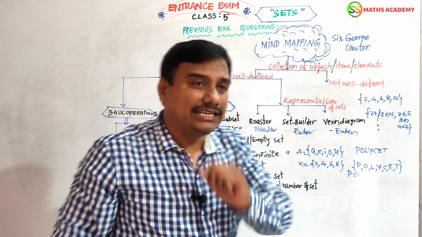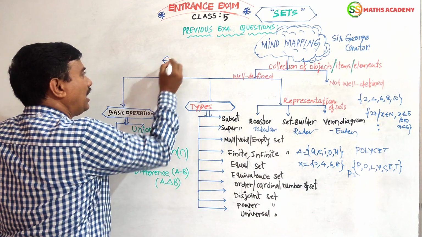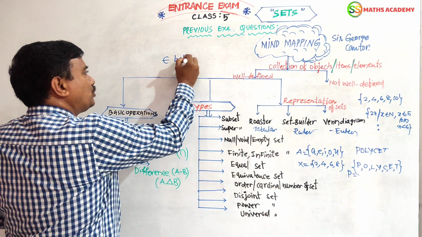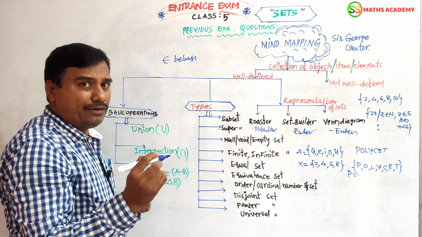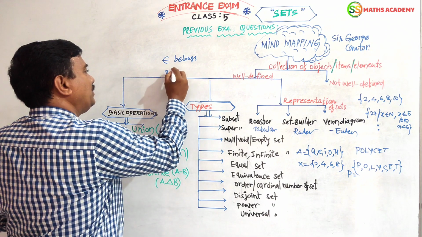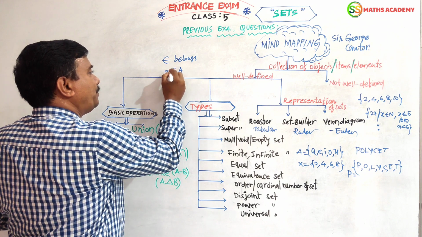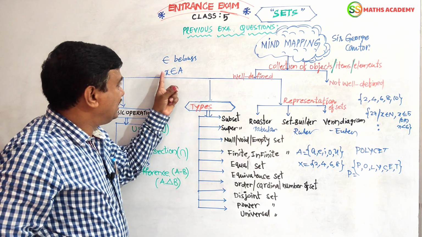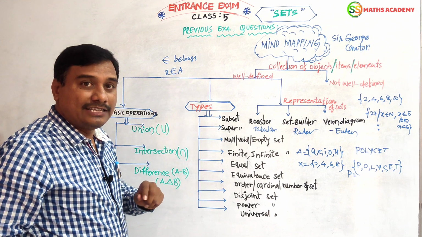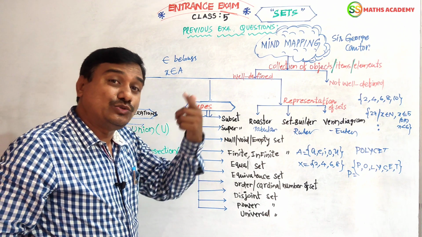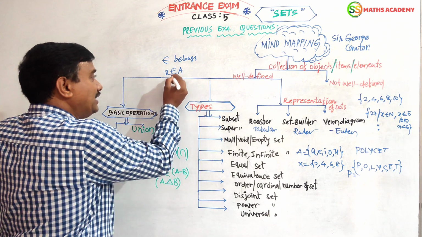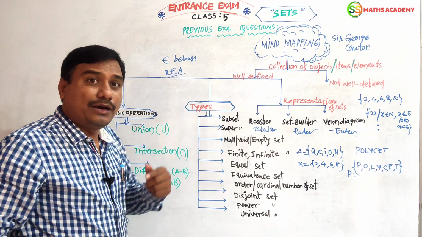You know the Greek symbol, belongs to. For example, x belongs to A. We can represent it like this: x belongs to A. Telangana and Andhra Pradesh belong to India. We can say like this, right?